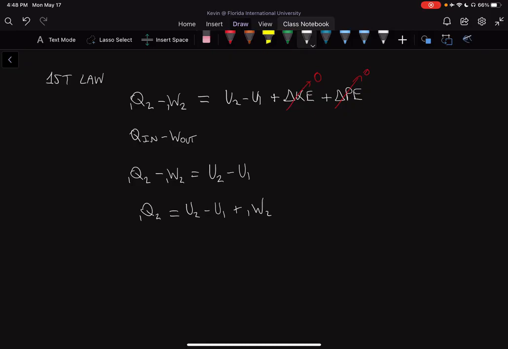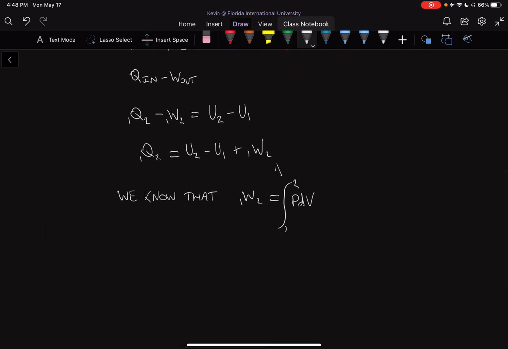We also know that work from 1 to 2 is equal to the boundary work, and this boundary work is the integral from 1 to 2 of PdV. Now, we can substitute this PdV in the above equation. So we have that Q from 1 to 2 is equal to U2 minus U1 plus the integral from 1 to 2 of P dV.